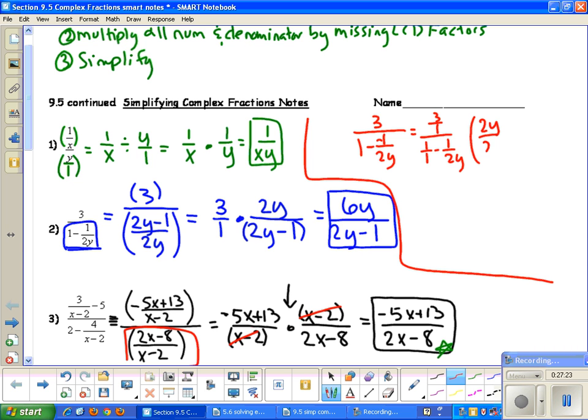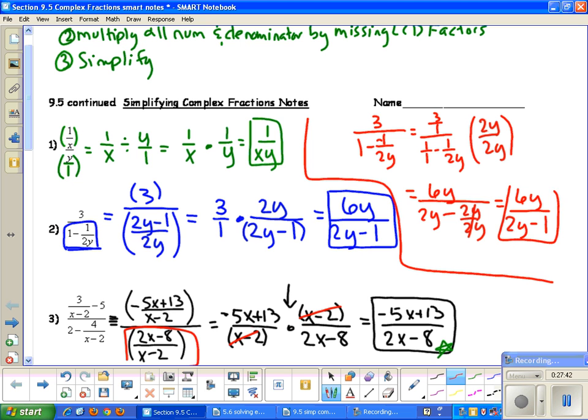So if you multiply this by 2y over 2y, that would give you 3 times 2y is 6y over 2y, times the 1 would be 2y minus, and then you would get 2y over 2y, which is just 1. So 6y over 2y minus 1. This is the same thing as what I had over here, just a second way of solving.